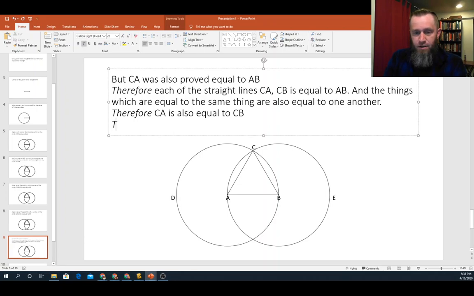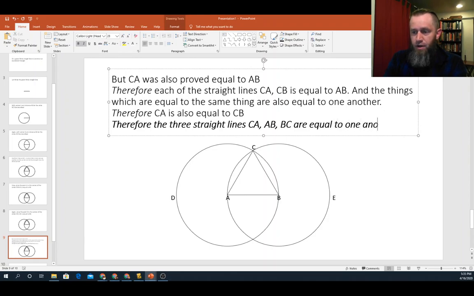And finally, therefore, and I'm going to put this one in bold because this is our big final, we have done it now. Therefore, the three straight lines CA, AB, BC are equal to one another.